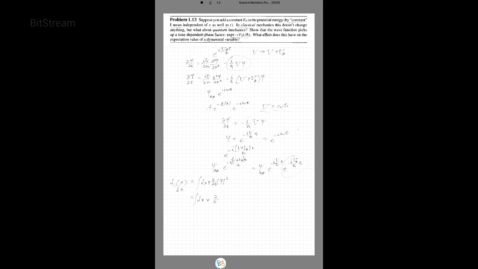And then I get d/dt of psi complex conjugate psi. We're going to come down to this line because I am going to need the room. Okay, then using our product rule, we have psi complex conjugate d psi dt plus d psi complex conjugate dt psi.